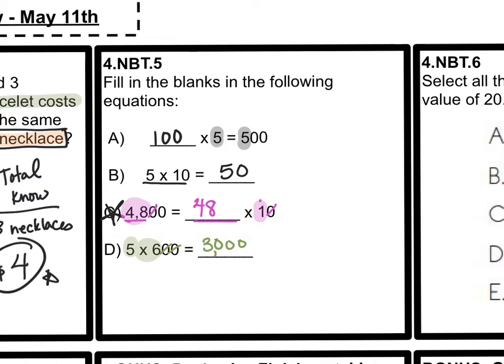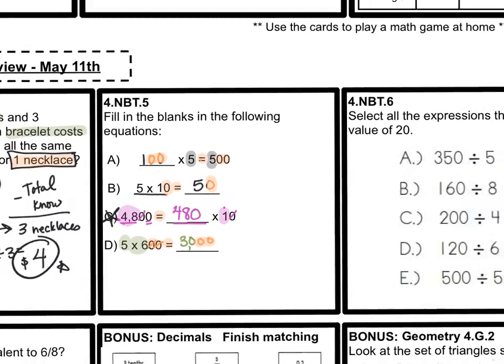So what I'm trying to do is take my equal sign and match the zeros. In between each equal sign, you will see that the zeros match. 2 zeros, 2 zeros. Here's the equal sign, 1 zero, 1 zero. Here's the equal sign, 2 zeros, 2 zeros. That 0 in the 30 doesn't count. So I see that I have 1 more zero left over, which means my answer is going to be 480 times 10 gives me 4,800.